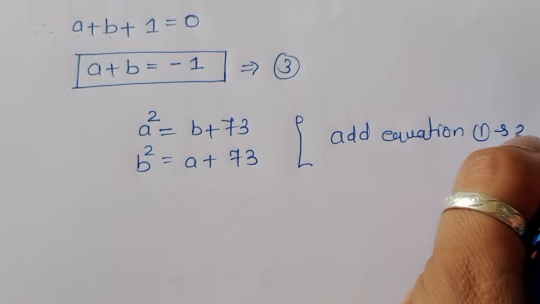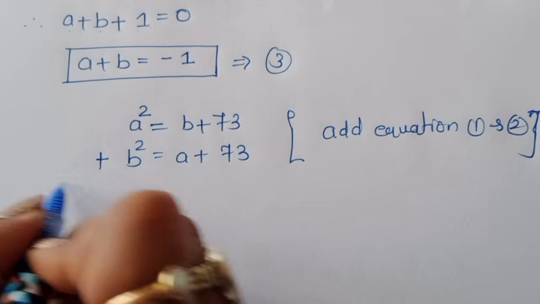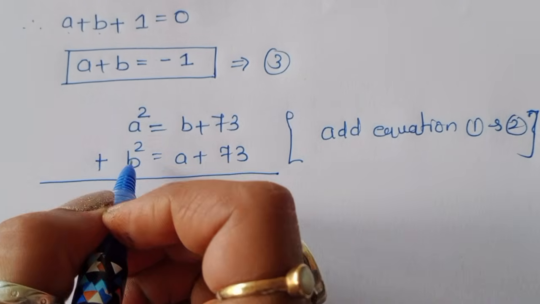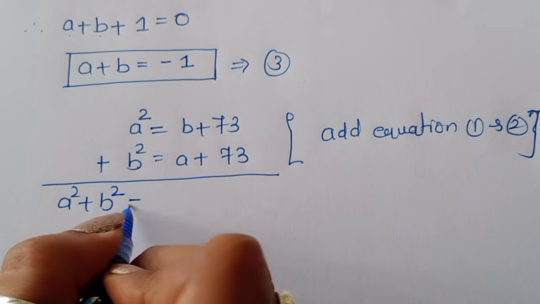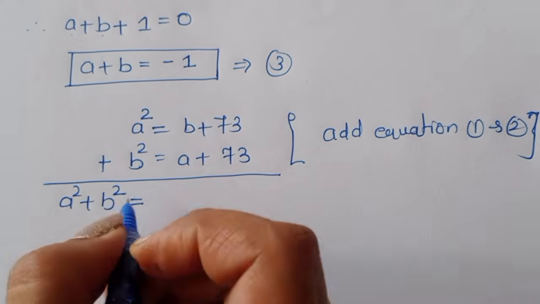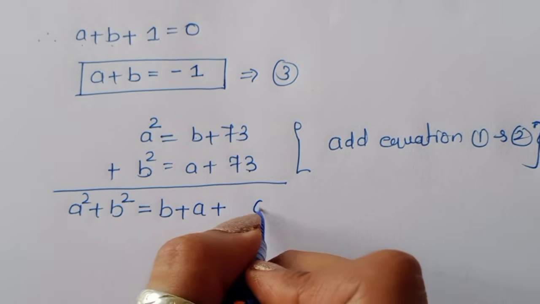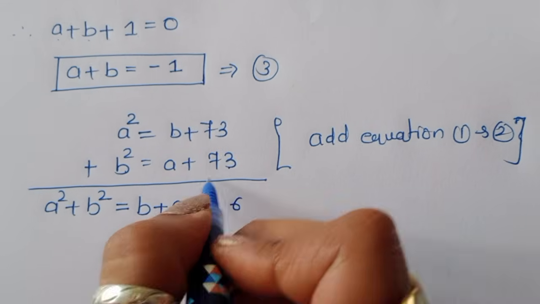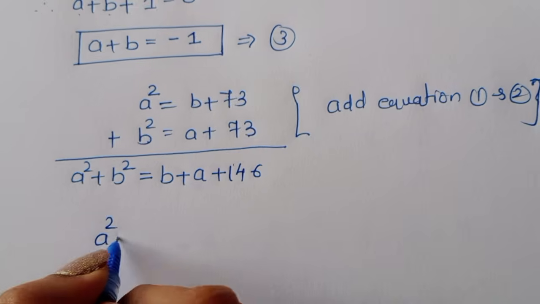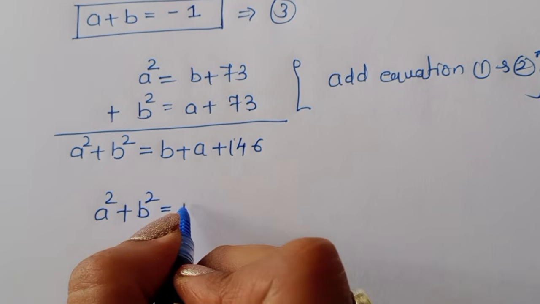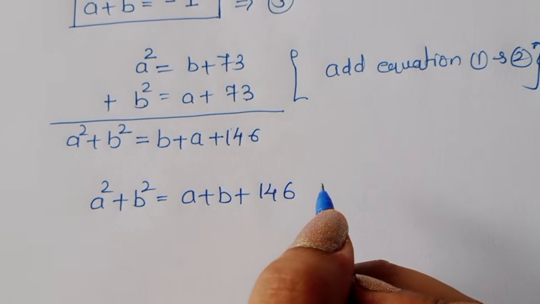If we add these equations, we get a square plus b square is equal to b plus a plus 146. We got the equation a square plus b square is equal to a plus b plus 146.